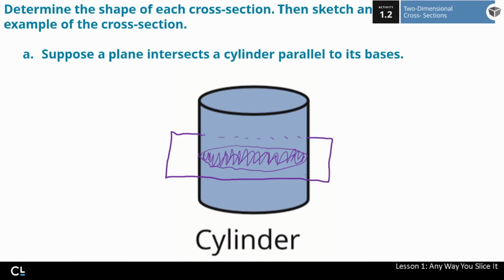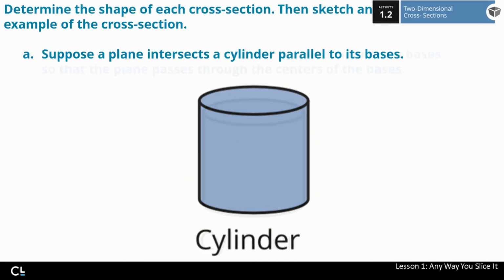But if we were to look straight down on this, it's like that tree trunk that we saw before, where it's just going to give us a circle, where whatever the radius is here, r, is going to be the same radius on this circle here, r, right? So it's going to give us a circle that is the same as the bases of this cylinder. It's going to look exactly the same because the cylinders don't change as we run along them. They stay the same shape and size.